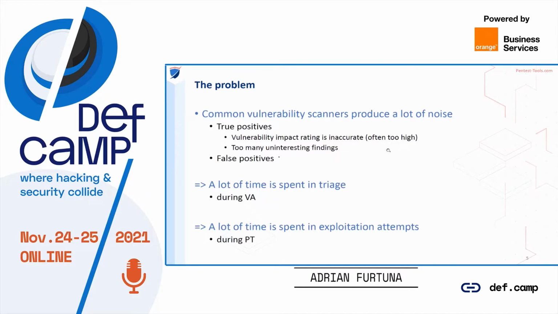For instance, you will pretty often find vulnerabilities related to an outdated PHP version, which the scanner gives you as very high risk or critical. From a pen tester's perspective, it's actually not useful at all, because in the vast majority of cases you cannot exploit it and do anything with it.